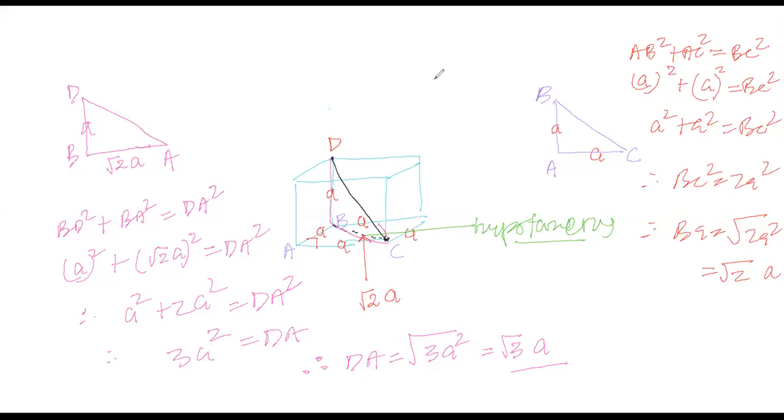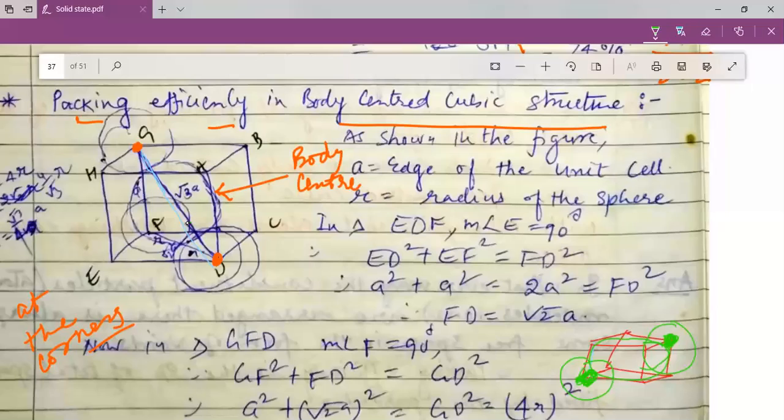The same thing, my dear students, we can see when we solve this problem. Look at this question now. You can see that we have discussed the various calculations here, and we came to know that this particular side is square root of 2 into A, and this side has the length of square root of 3 into A. Now let us solve this problem, and you will understand it very easily.